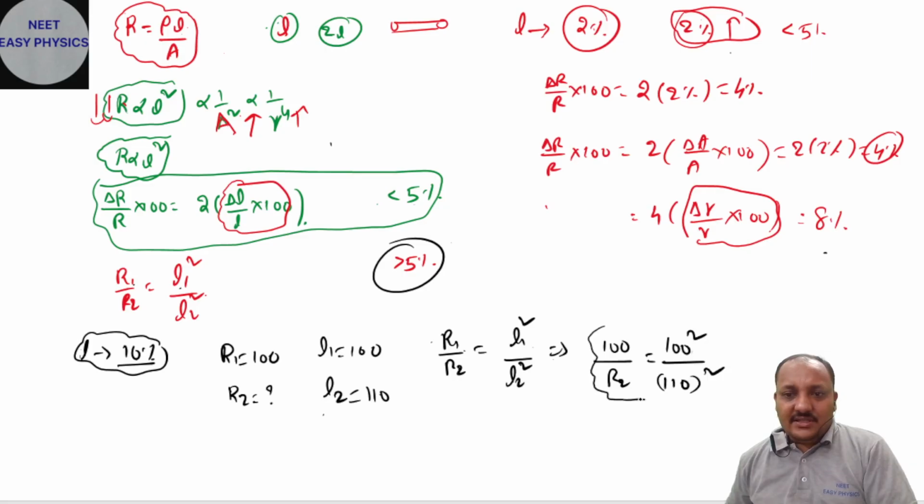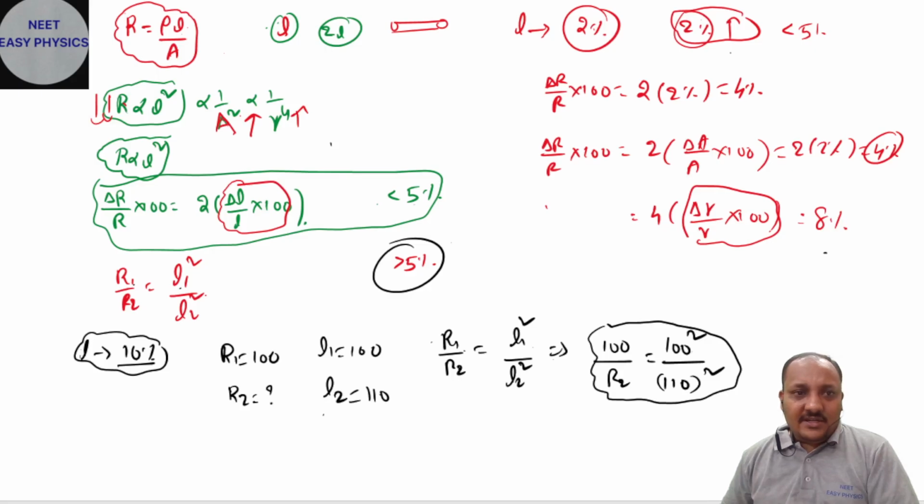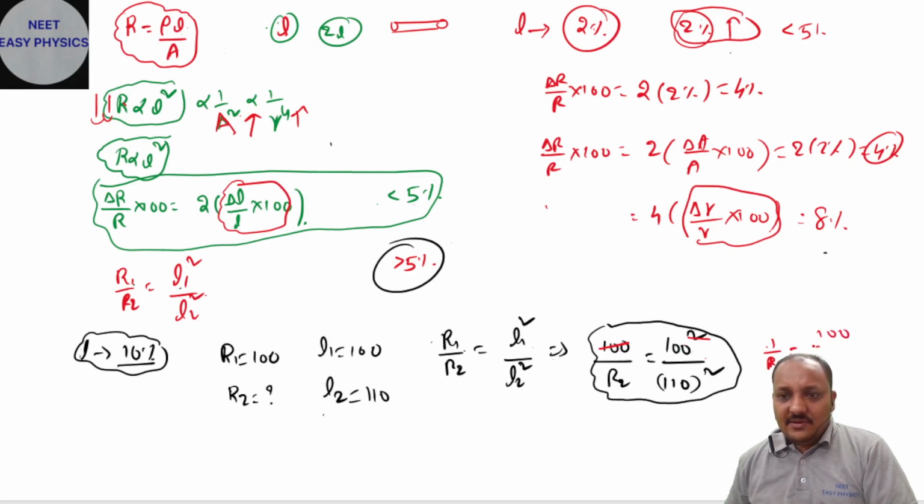This directly proportional and inversely proportional concept we discussed in our first video when we started our channel, the basics. 100 is cancelled. Then 1 by R2 is equal to 100 by 110 into 110.